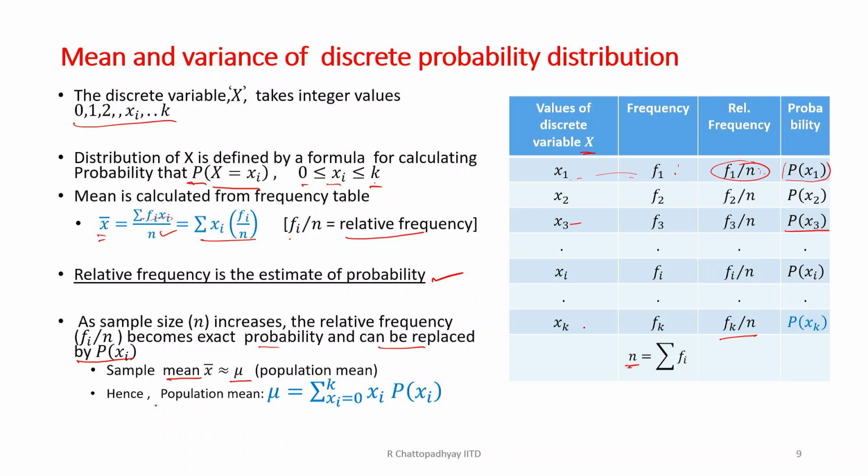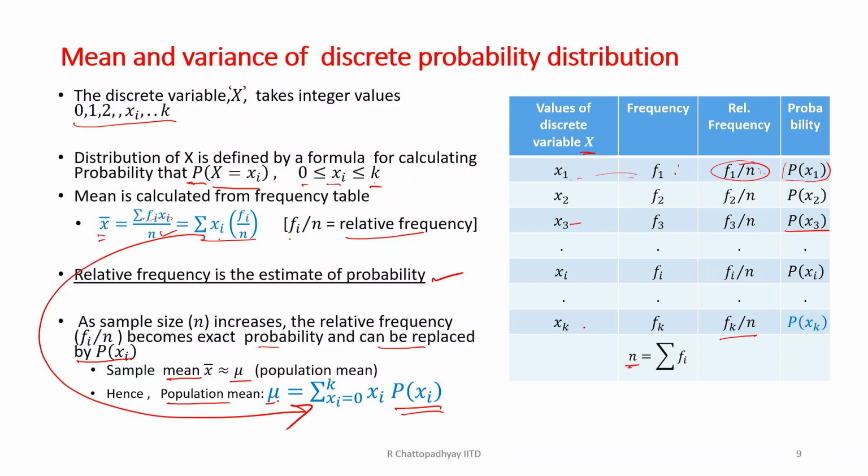And therefore, for the population mean, mu, we use the same equation, whatever we have written here, we bring it here now. But we replace the relative frequency fi by n with pxi, because we write these to be the probabilities.